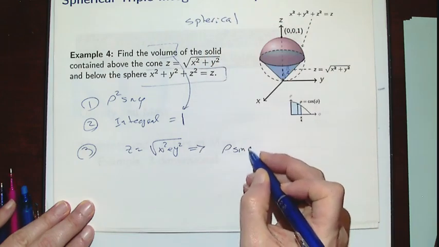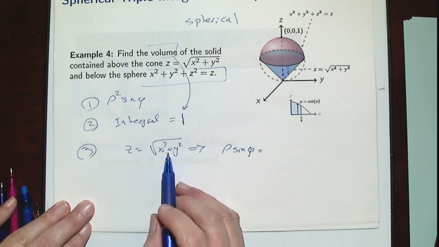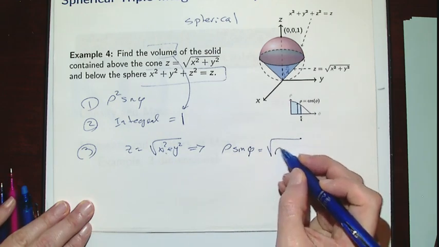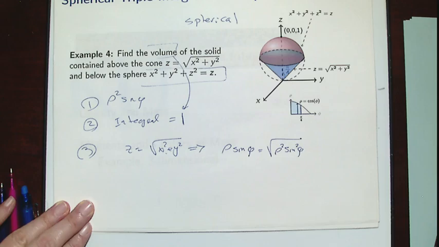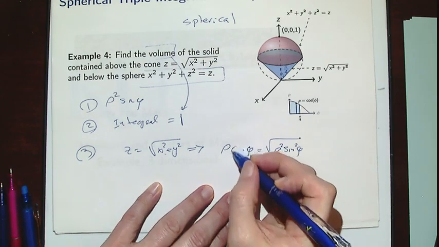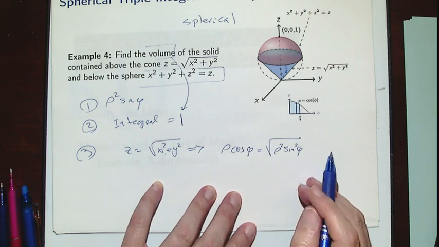Rho sine of phi. What is x squared plus y squared? So x squared plus y squared is rho squared times sine squared phi. Agreed?